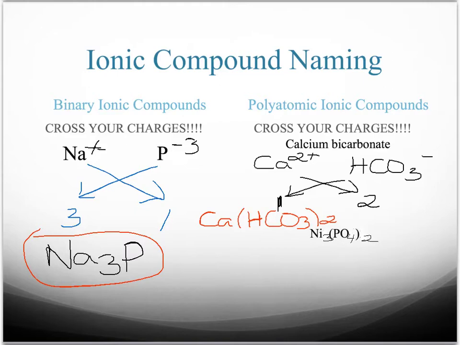Okay, the next one we will do will be Ni3(PO4)2, with the 2 on the outside of the parentheses. So now this time, the formula is already given to us, so we need to write the name. So Ni is nickel.